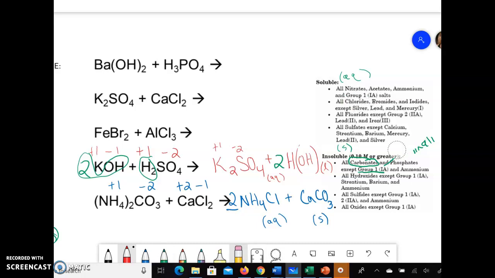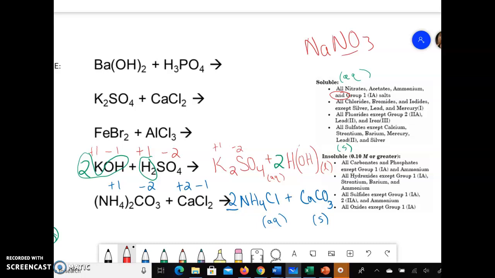And one more thing I wanted to make a note of that I see a lot of people mess up on. If you have something you can write on for your reference tables, I want you to circle this word right here and just be really careful with that word. The word is "and," and a lot of people read that word as "except." So for example, if you had NaNO3, they would look at nitrates and see that nitrates are soluble, then they keep reading and they read "and group 1."